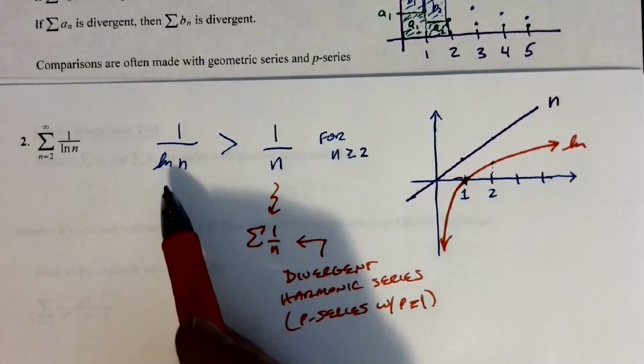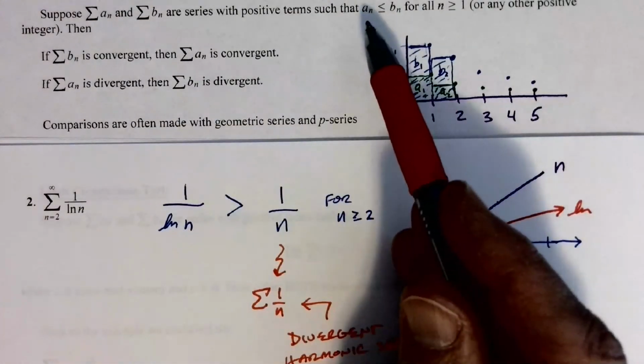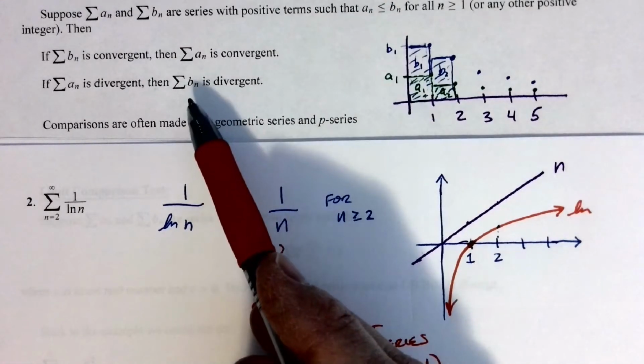But all our terms are greater than or equal. So the a sub n is divergent, and you have another series whose terms are always greater than or equal to these terms, and that series is also divergent.